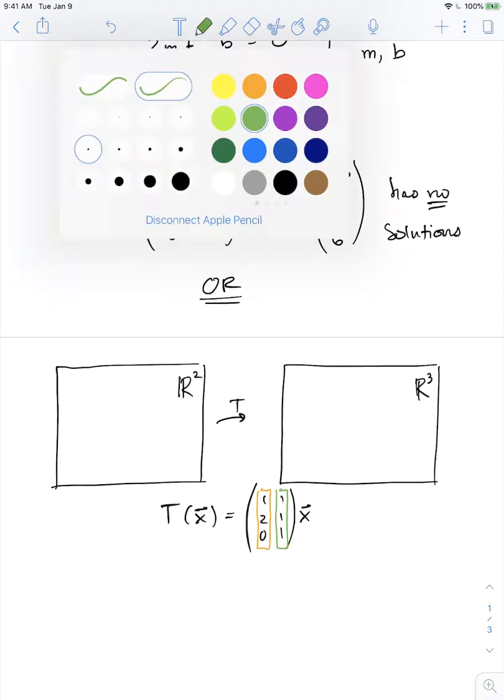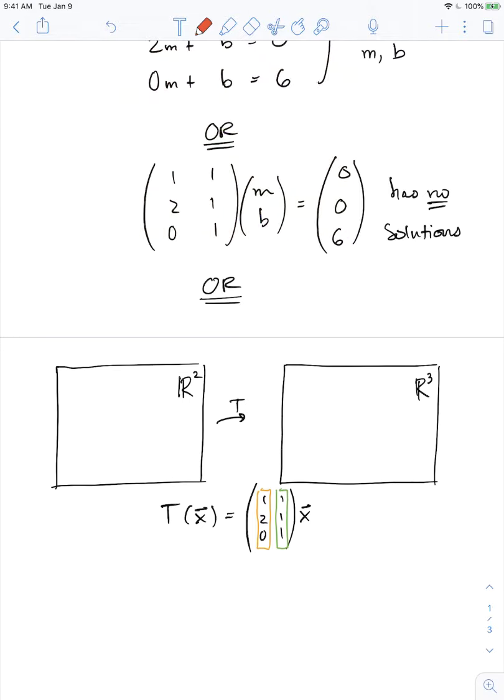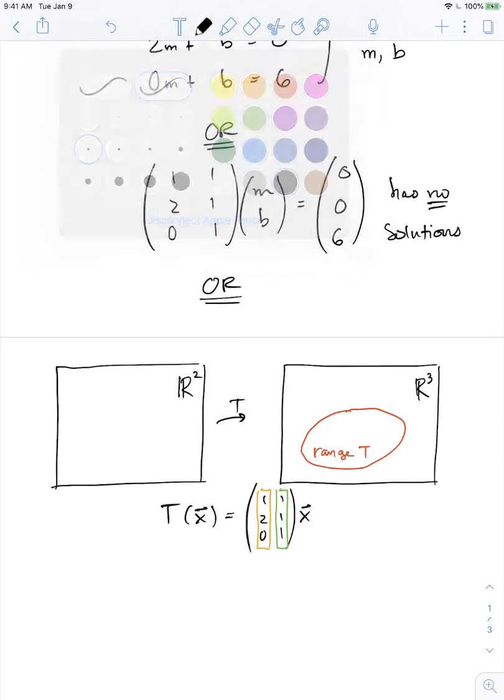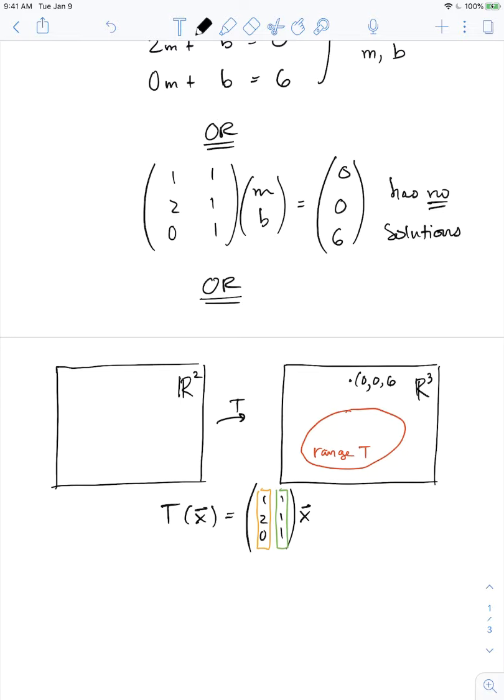In other words, the range of this linear map does not include the vector (0, 0, 6).